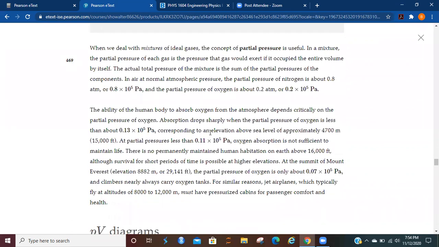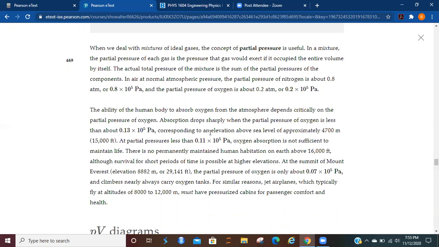So when we deal with mixtures of ideal gases, take our own atmosphere: you've got nitrogen as well as oxygen. You also have argon and some other gases that exist. One concept you're going to need is the concept of partial pressure. In a mixture, the partial pressure of each gas is going to be the pressure that the gas would exert if it occupied the entire volume by itself.